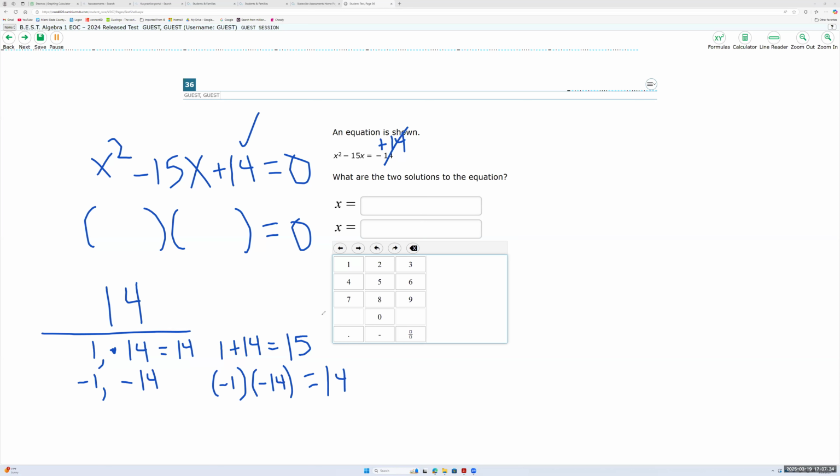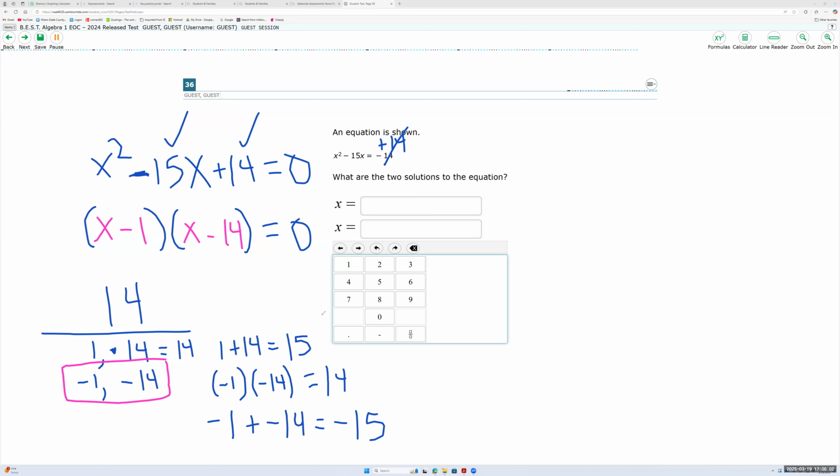And yet negative 1 plus negative 14 is negative 15. And that's what I have in here. I have a negative, don't forget that, 15. So I need to use these two factors, the ones that work. So I'm going to write (x - 1)(x - 14) equal to 0.